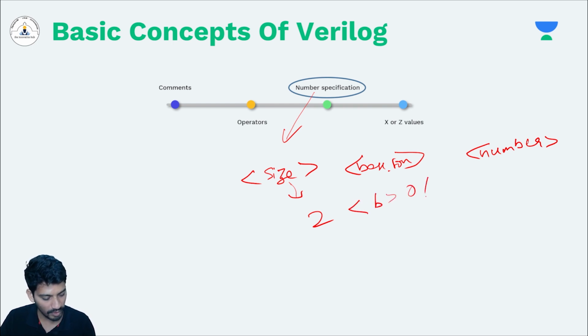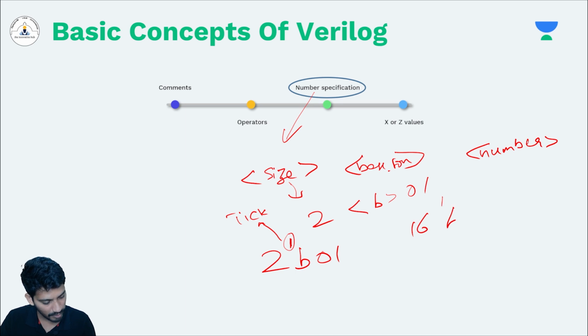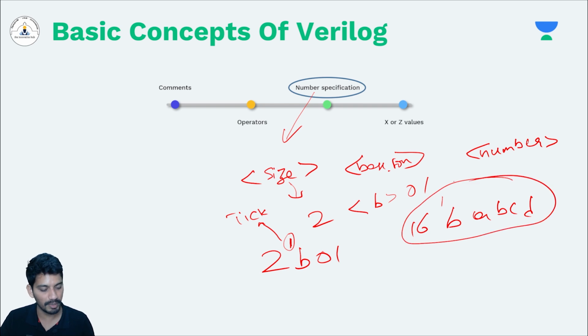How to specify it in Verilog? I'll just write 2 tick. We will call this the tick operator. 2 tick b 01. I want binary format and the number 01. Similarly, if I want a 16-bit number, 16 tick h ABCD, I can define a hexadecimal number like this.